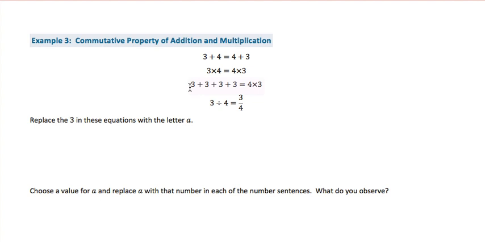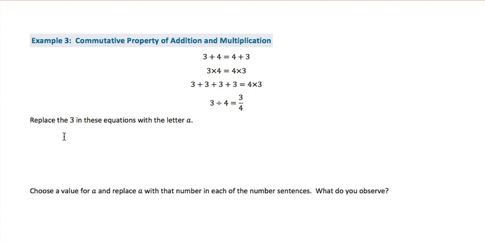Then we're looking at repeated addition, 3 plus 3 plus 3 plus 3, and rewriting it as multiplication. And we're also looking at 3 divided by 4 written as a fraction as well, just a different way to write division.